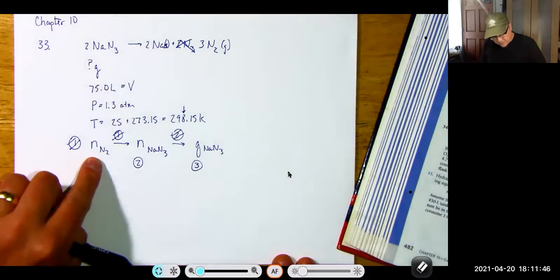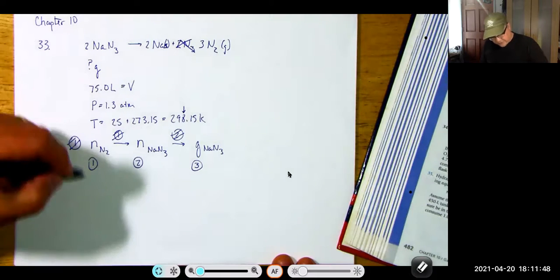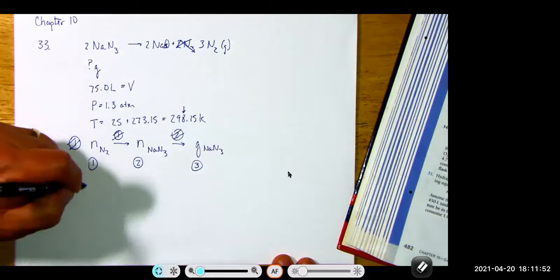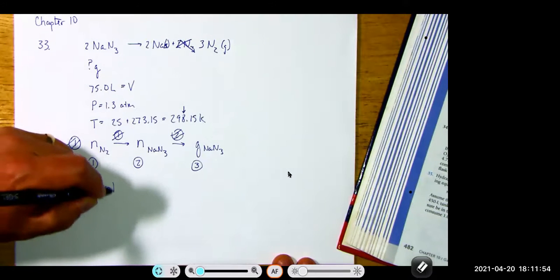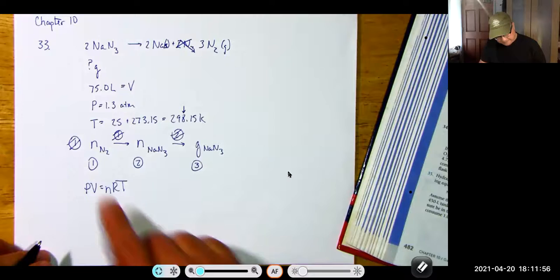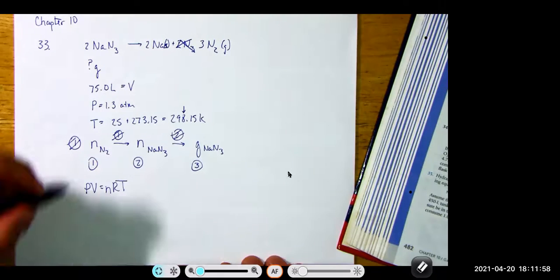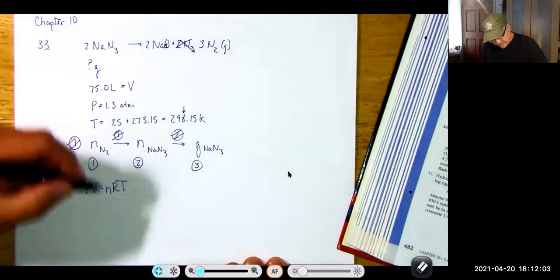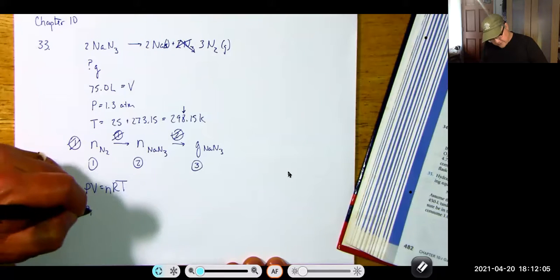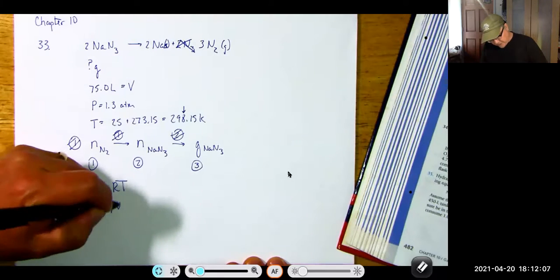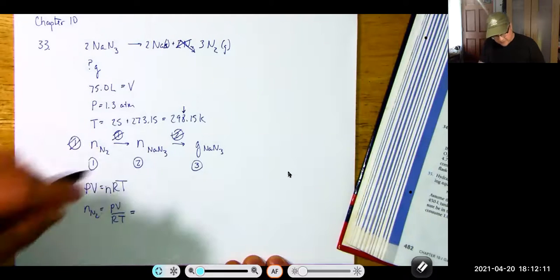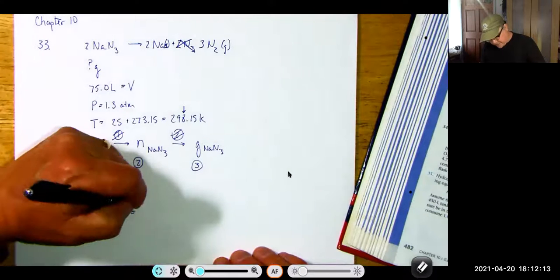So to get the moles of nitrogen, you're simply going to use PV equals nRT. So PV over RT. For this one, step one, and then use the stoichiometry. Right. And so here we know that n of the nitrogen is going to be PV over RT like you had just said. And we're going to plug in 1.3 atmospheres.